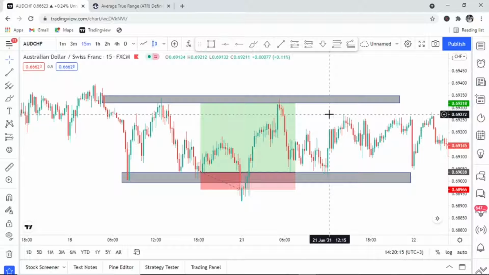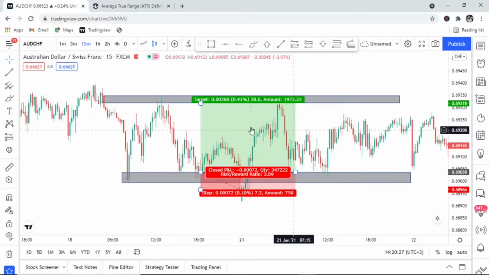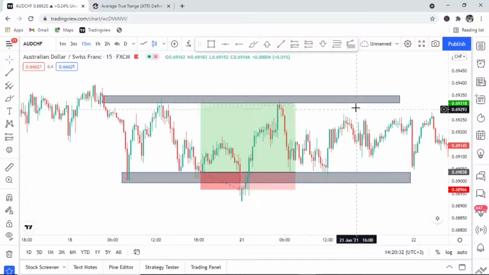By doing that, they normally stop so many people out. That is how stop hunts normally occur. These stop hunts normally occur when price volatility is really high. What I mean by volatility is just the strength of either the buyers or sellers.